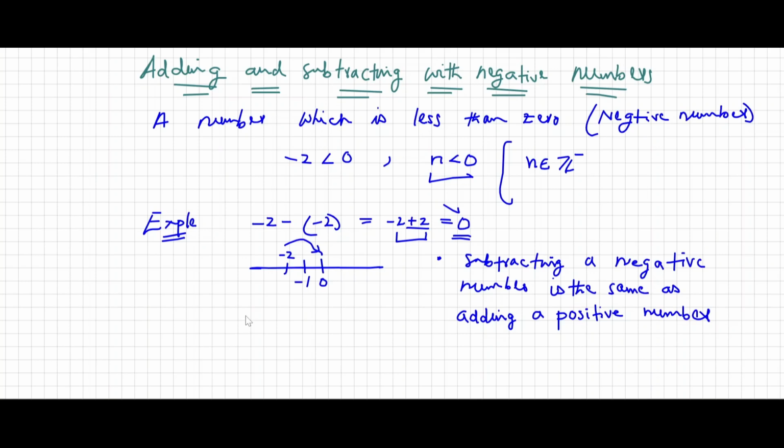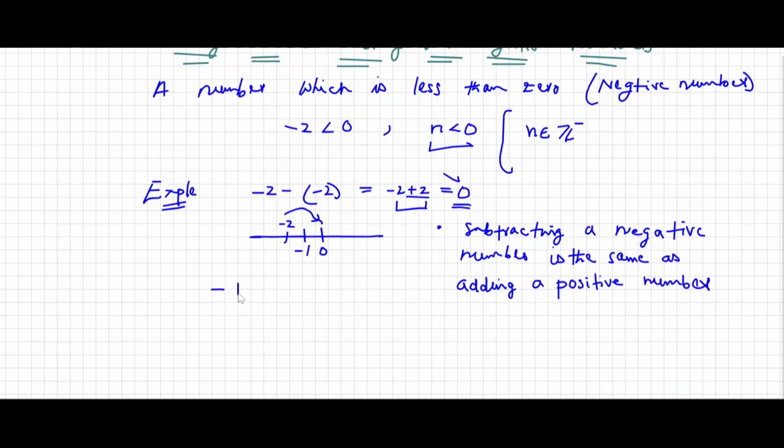Let's consider some other example now. Let's suppose we have -4, and we want to subtract the negative number -8. So it is the same as -4 plus 8. We will get 4.